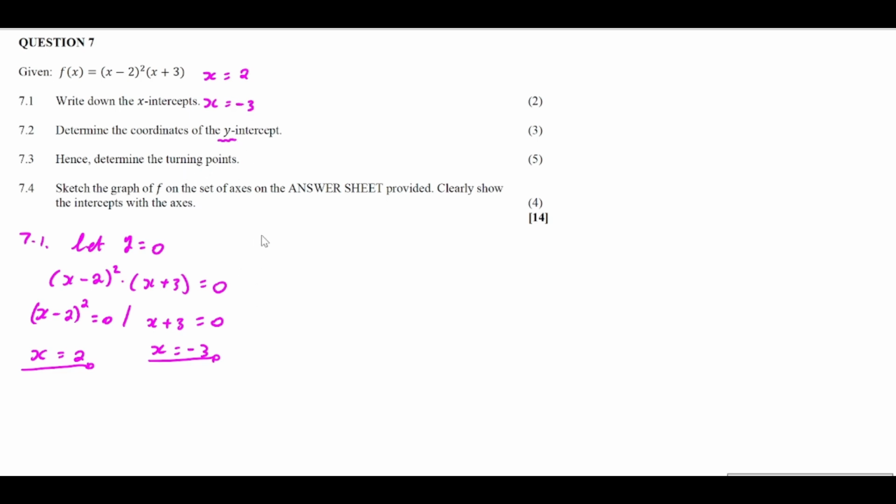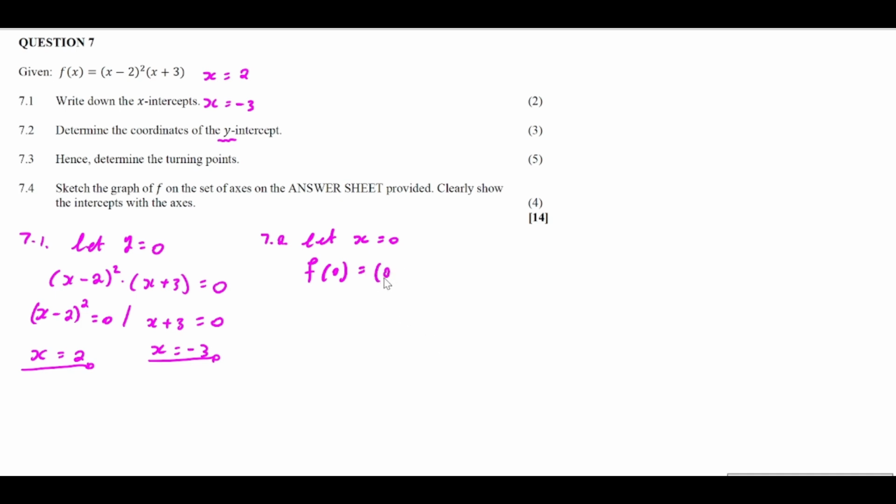Determine the y-intercept. 7.2. Y-intercept simply means that you're going to let x be equal to 0. So from the original equation, f of 0, where we see x, we replace it by 0.